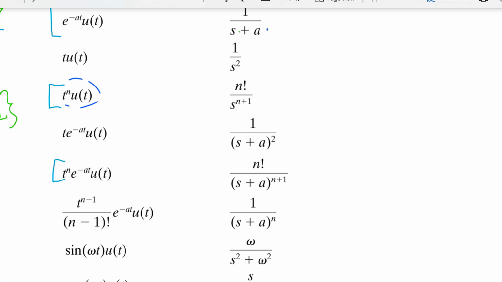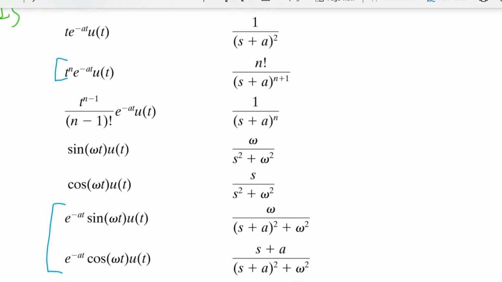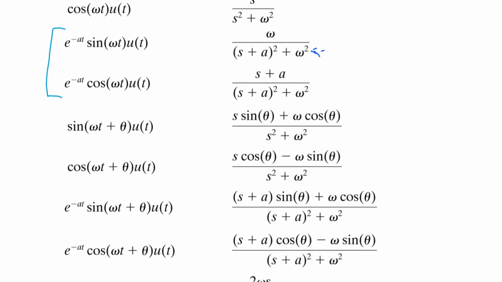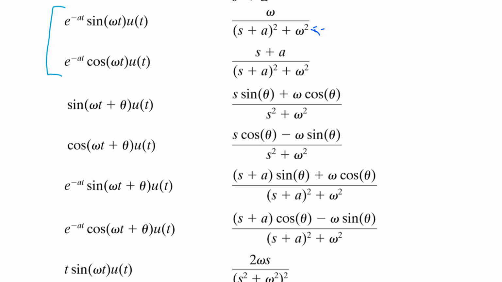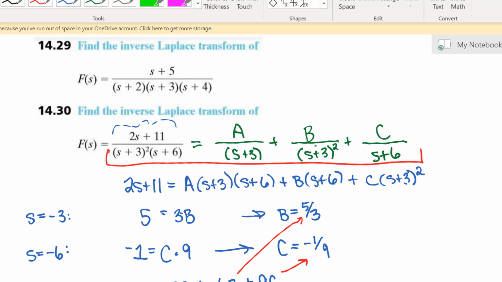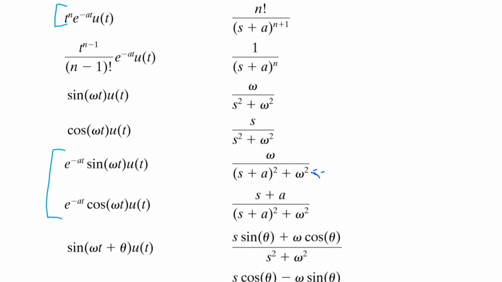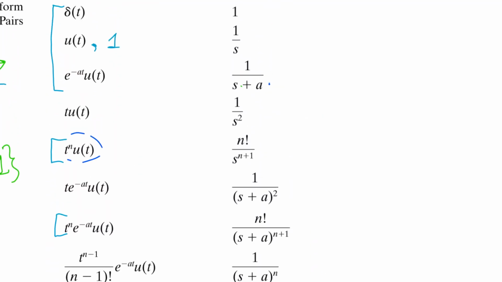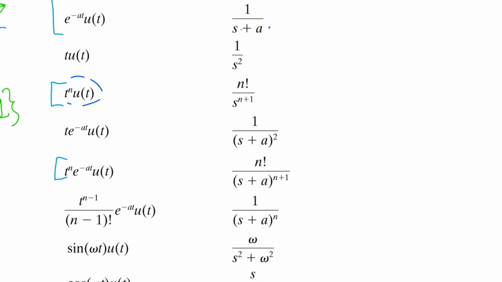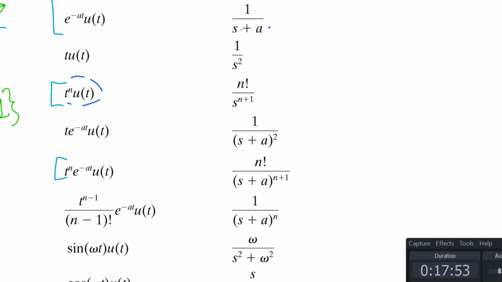So I have powers of S and powers of S plus A, or denominators that are quadratics in S. Okay, so all of the denominators are basically polynomials in S. But I want them separated, right? This table doesn't show you any polynomials being multiplied together. You can have one polynomial to a power, but you never have S plus A times S plus 3. So you have to decompose it using the partial fraction method.